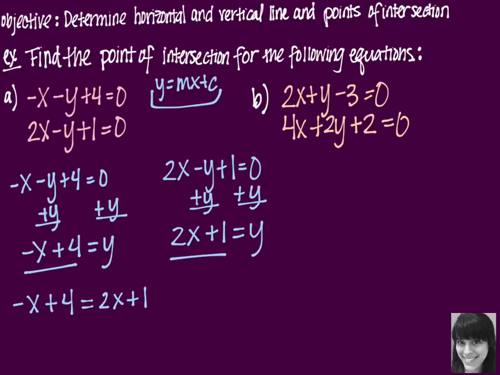So, I solved for y. Now that I have that, I'm going to set them equal to each other and solve. In order to solve this type of problem, I have to get the x's to one side. So, I'm going to add x to both sides. And then I have 4 equals 3x plus 1.